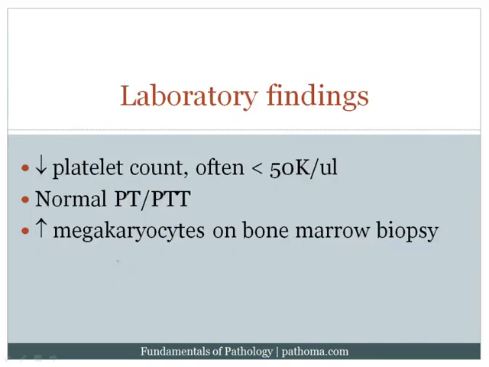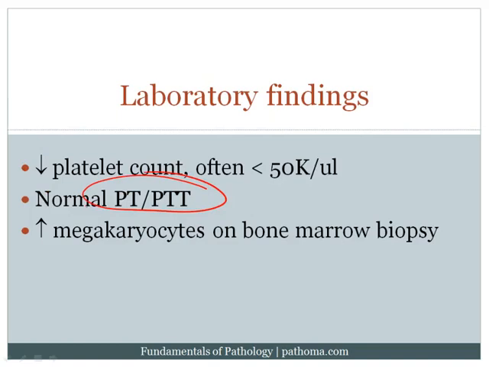Now, what are we going to see on labs? Well, obviously, we've got idiopathic or immune thrombocytopenia. Thrombocyto refers to the platelets, and penia means that they're low. So the platelet count's going to be low because the platelets are being consumed. Often it's less than 50,000 per microliter. At the same time, I'd like you to know that the PT and PTT are going to be normal. We haven't touched the coagulation cascade here.